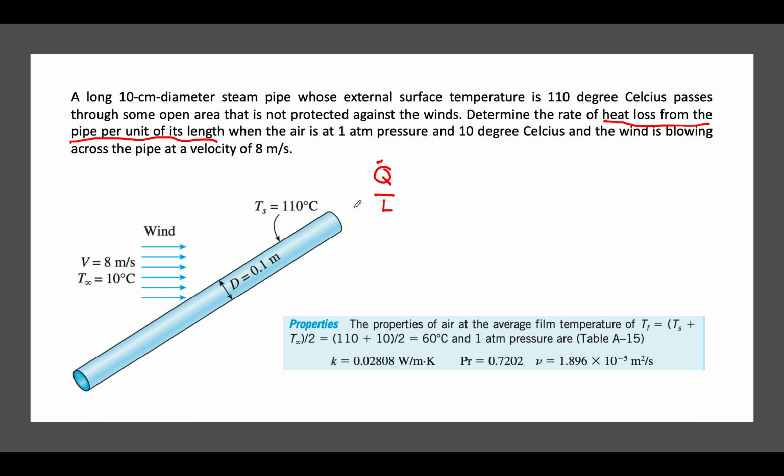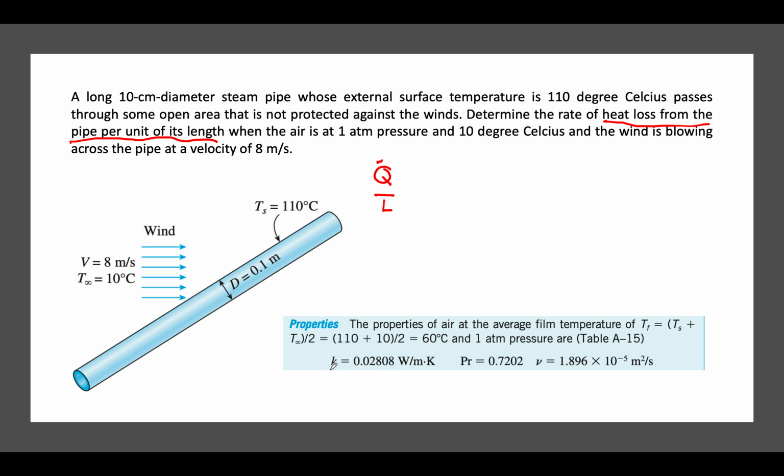So we may find the properties of the air by calculating the film temperature, where we have to sum up T surface with T infinity and divide by 2. So we have 60 degrees Celsius, and refer to table A15 at 1 atm and 60 degrees Celsius.